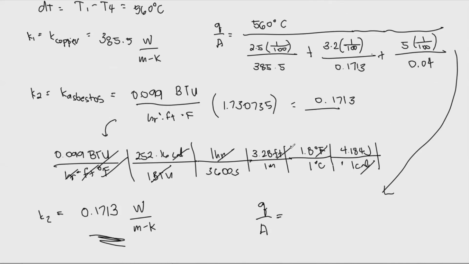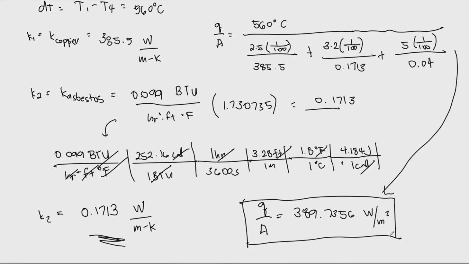The answer for that, let me just calculate it first. You can also do the same while calculating this. Probably I'll be fast forwarding this video. So the answer is 389.7356 watts per meter squared. So this is our heat flux.